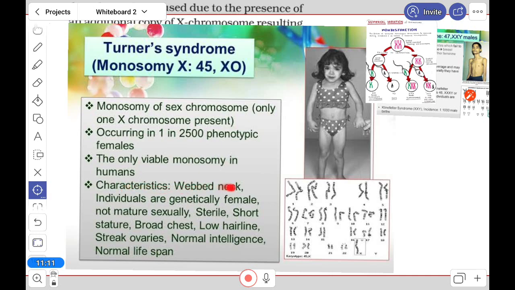The characteristics: a webbed neck. The individual is genetically female but sexually not mature, they are sterile, so they cannot transmit to the next generation. Short stature, broad chest, low hairline, all these things, but normal intelligence and normal lifespan. So this is Turner syndrome, and here you can see that one chromosome is lacking.